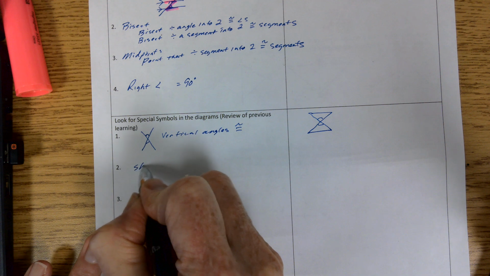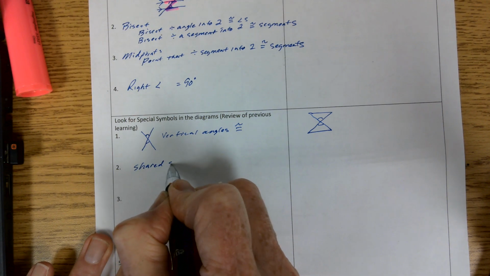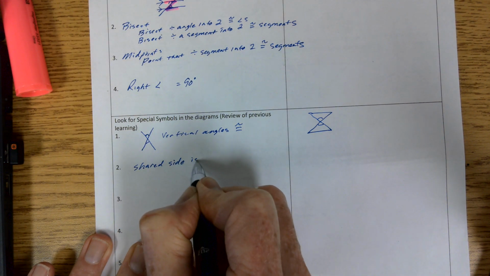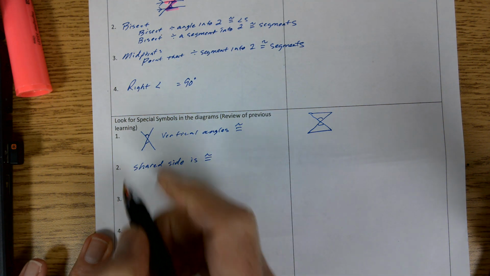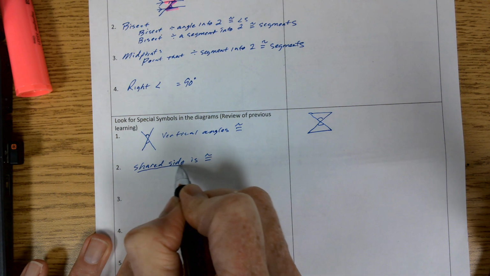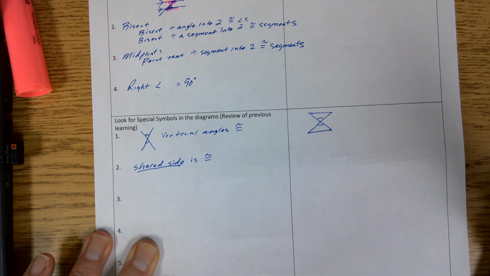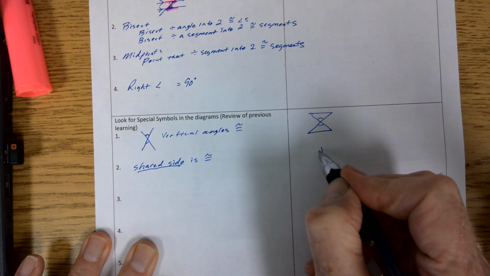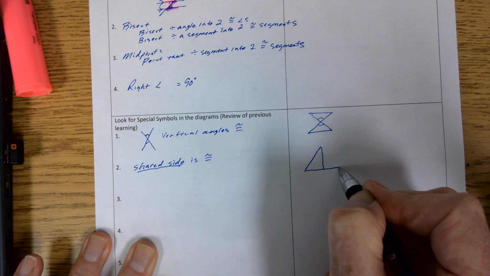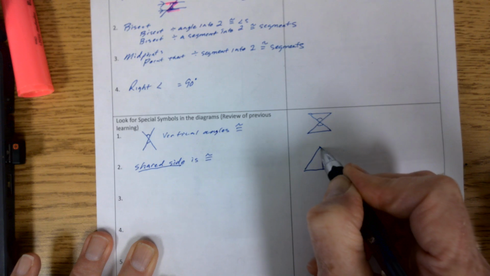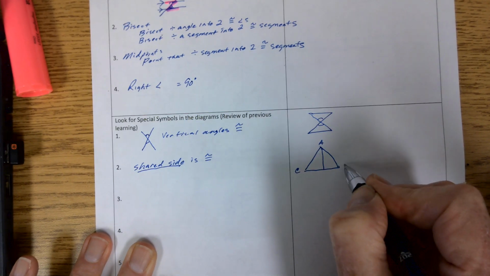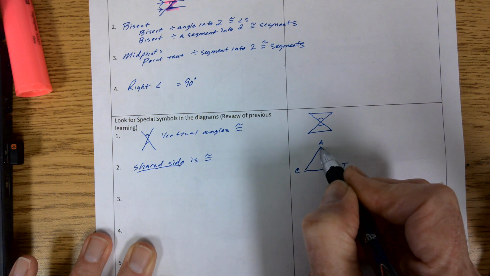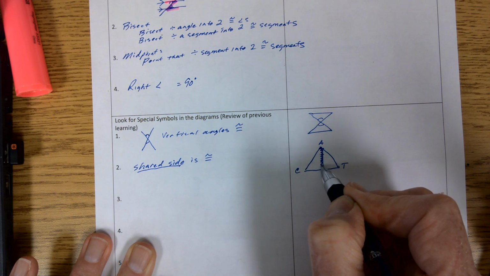We're also going to have a shared side that is congruent. When something equals itself, it's also the reflexive property, but I care mostly that you can see that it's a shared side. So for instance, this side right here, we'll call this CAT. This is a shared side.